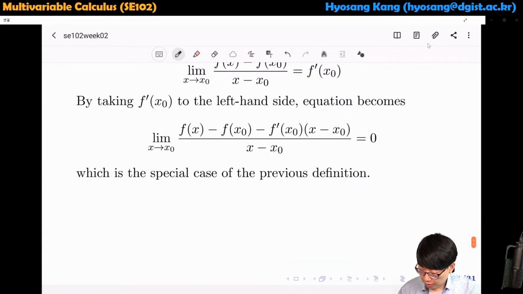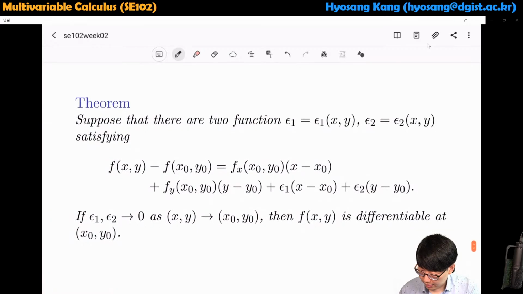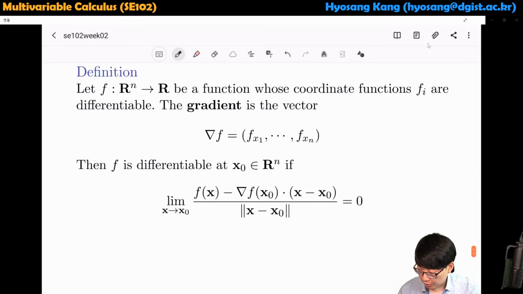Alright, so this is what I already explained, and here's another theorem. I want to give you what is remaining in our slides.